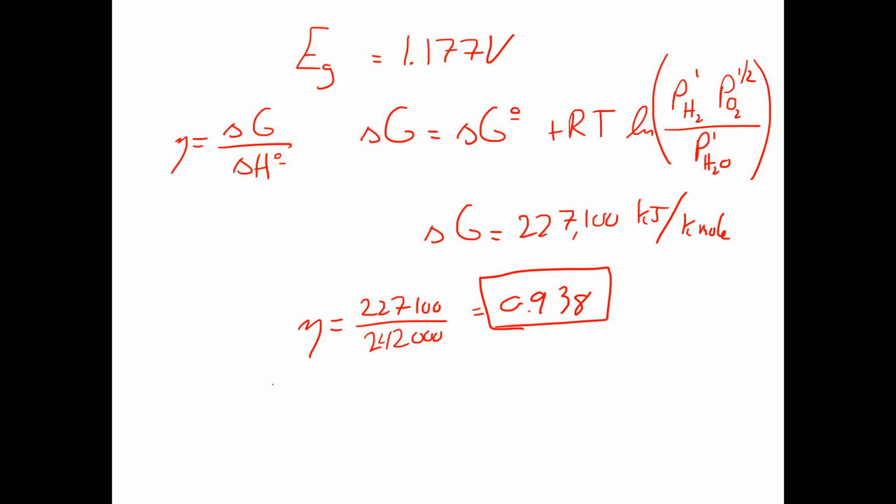If it were to actually convert to water vapor, to gas, you would have to compute what is called the higher heating value as a function of the lower heating value, which basically says that I am going to take this 242,000, the kilojoules per kilomole change in enthalpy of the reaction, and add the enthalpy of vaporization.